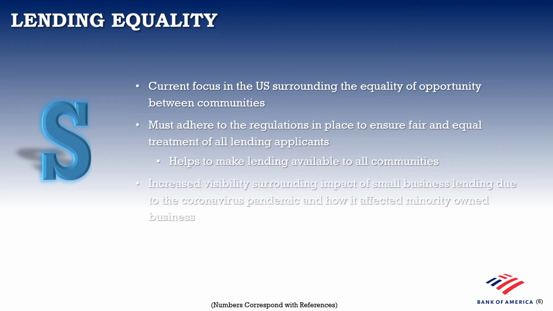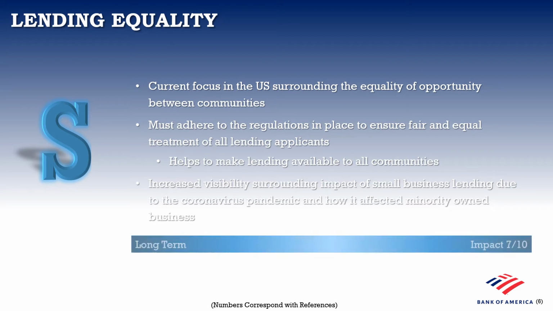There is, of course, now an increased visibility surrounding the impact of small business lending because of the coronavirus pandemic. Something that Bank of America has looked at is the way that minority-owned businesses in particular have been directly impacted by this pandemic, and is working to ensure that those businesses have the access to the rebuilding and payroll protection loans that larger corporations or corporations in more affluent areas would have access to.